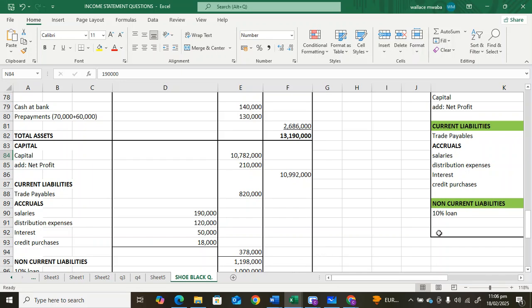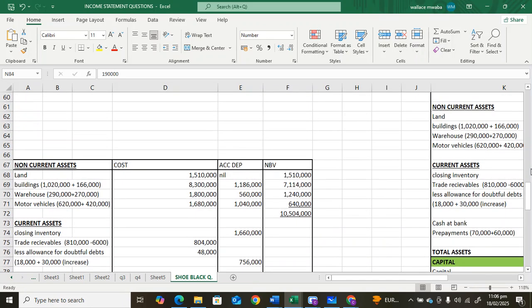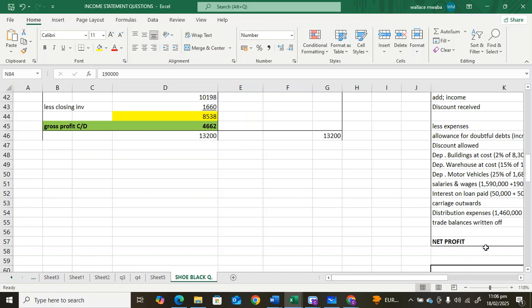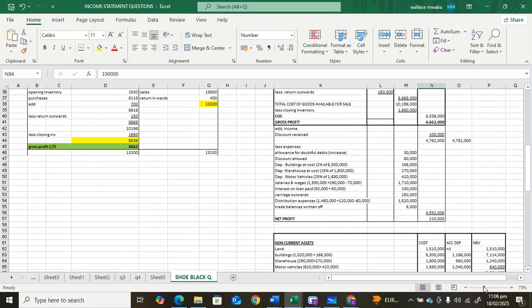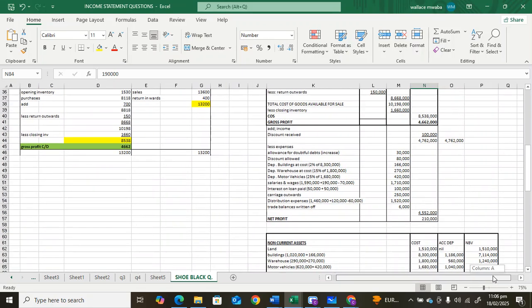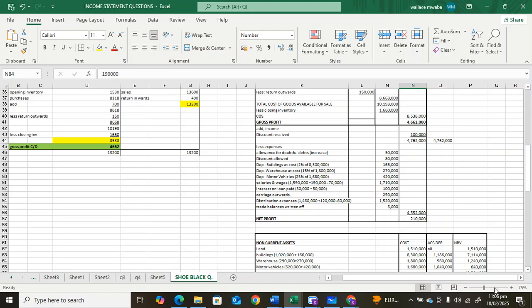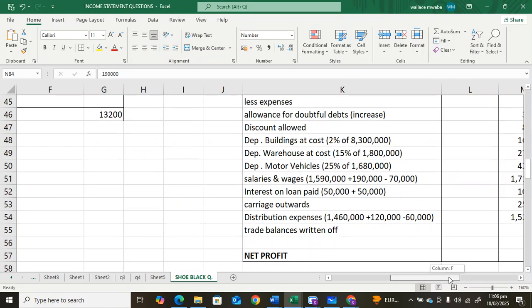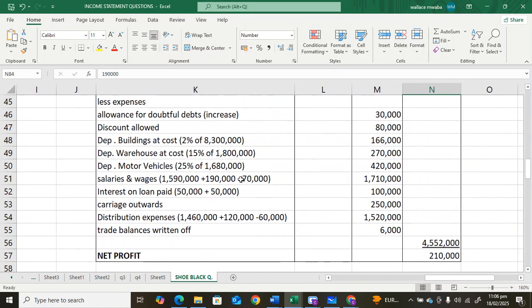So in the statement of profit or loss, subtract, see, minus 70,000.